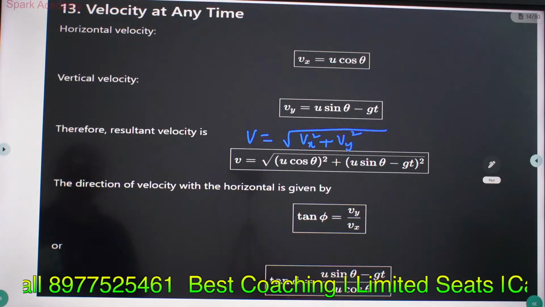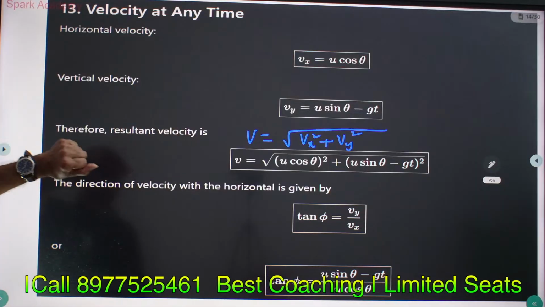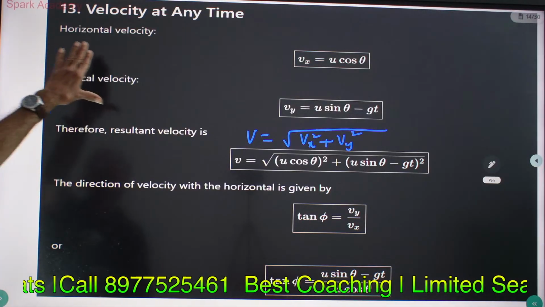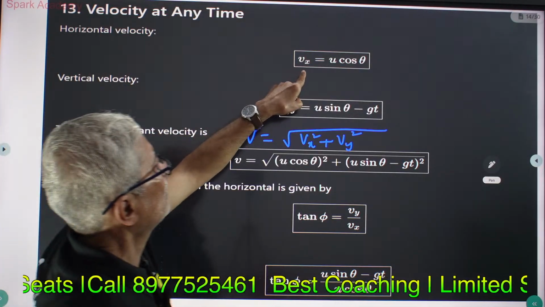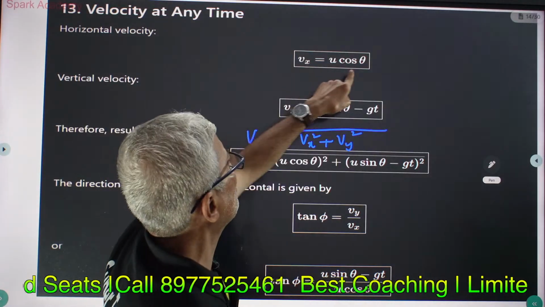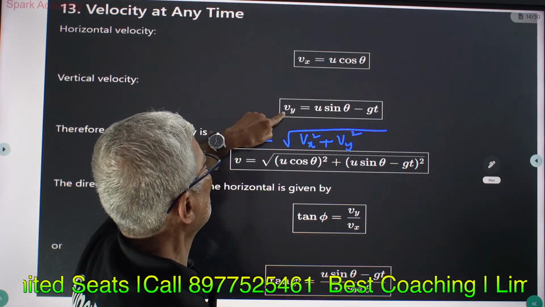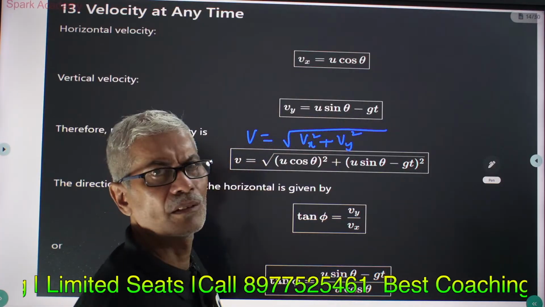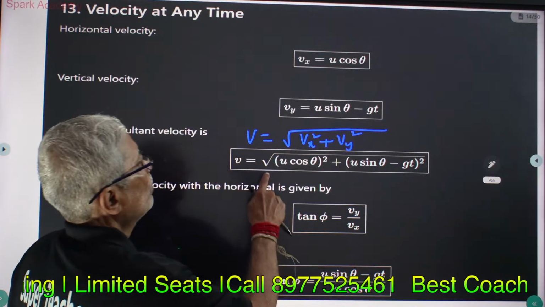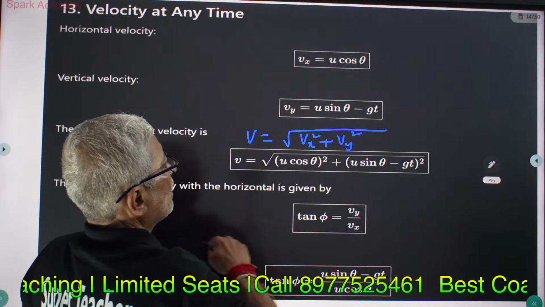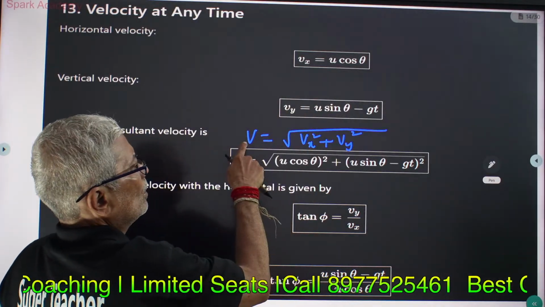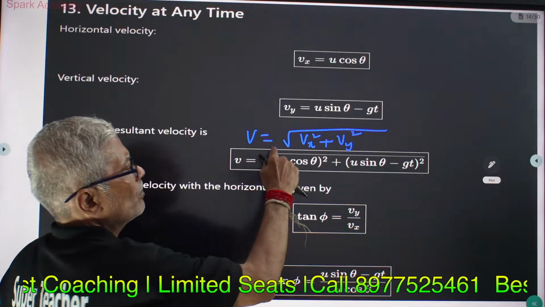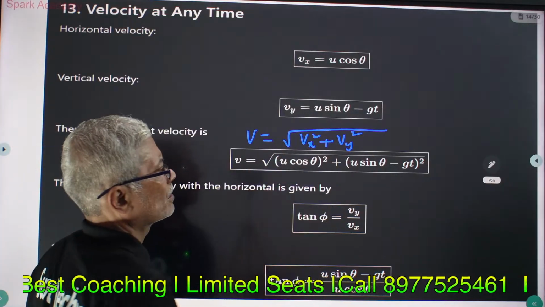Okay. Now what is the velocity at any time? The horizontal velocity is Vx is equal to u cos theta. The vertical velocity is Vy is equal to u sin theta minus gt. So this is the horizontal, this is the vertical. The velocity at any time will be the square root of Vx square plus Vy square.